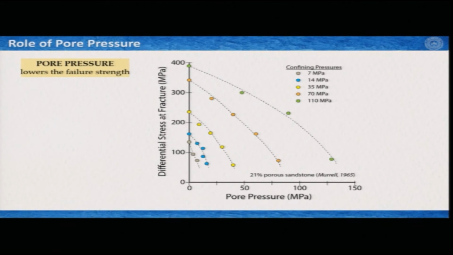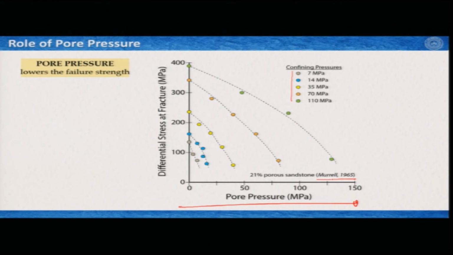Now, this is another way of looking at how pore pressure does play the role in governing the strength or flow of the rocks. So, these are again done on porous sandstone, and this time the experiments were done by Murrell in 1965, and here the porosity was 21%. So, different circles here are of different confining pressures that were applied, and in this x axis we have different pore pressure.